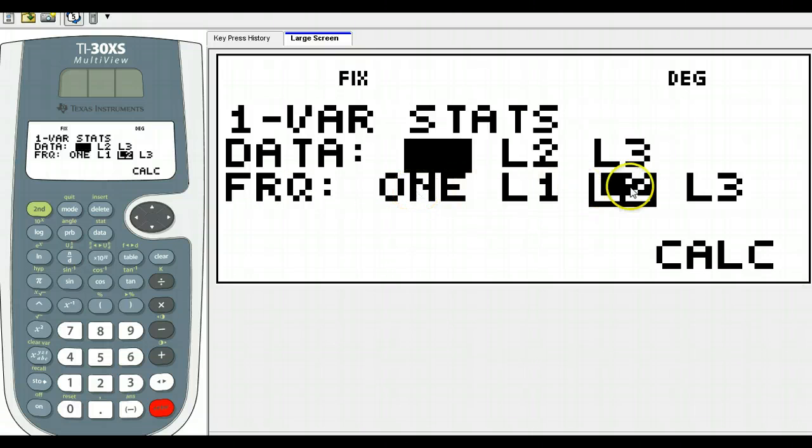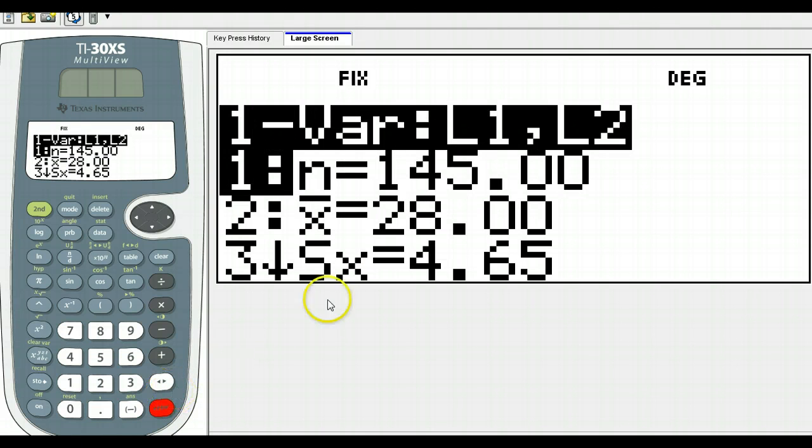Alright, our frequencies are listed in L2, so please make sure L2 is highlighted. Our data is in L1, but our frequencies are in list 2. So just hit enter a couple of times. Kabam! Apparently there were 145 total numbers, but the mean is 28 and the standard deviation is 4.65.